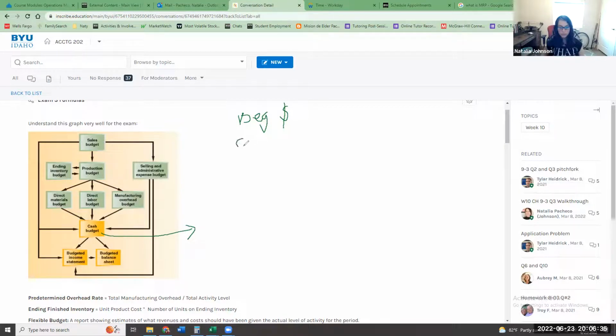So this is cash. Do you guys remember the name? Cash collections, I think. So you add them, and this is what you will have available.